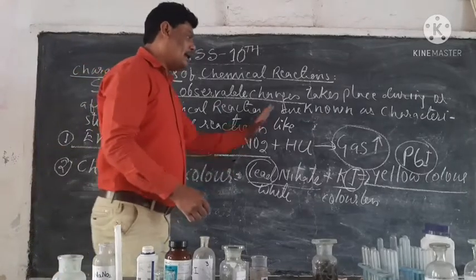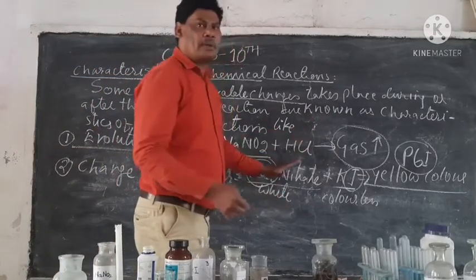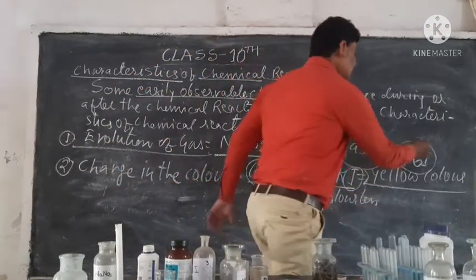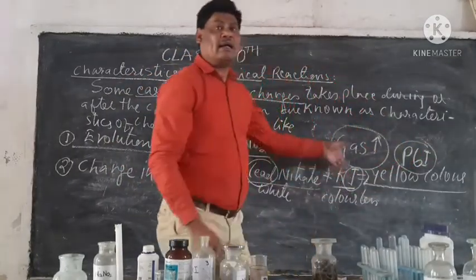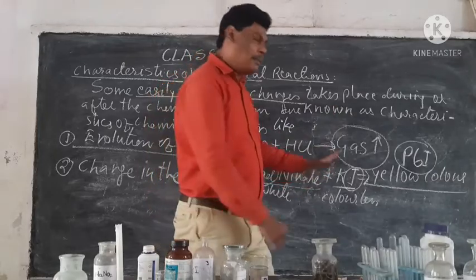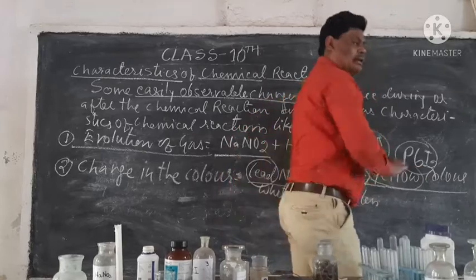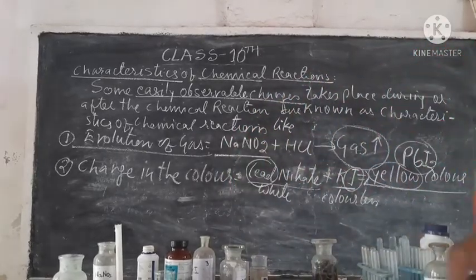Lead nitrate and KI lose their nature and convert into a new substance. This new substance is lead iodide, PbI2, which is yellow in color. So these are the characteristics.